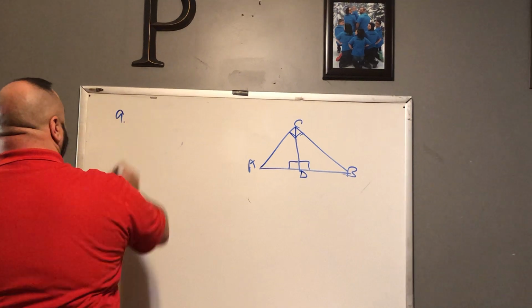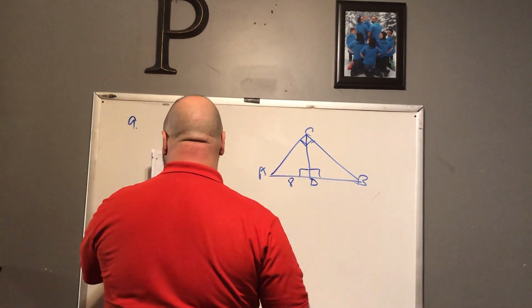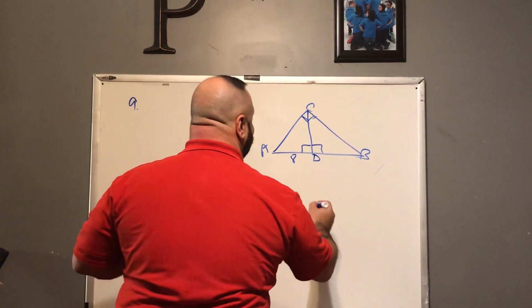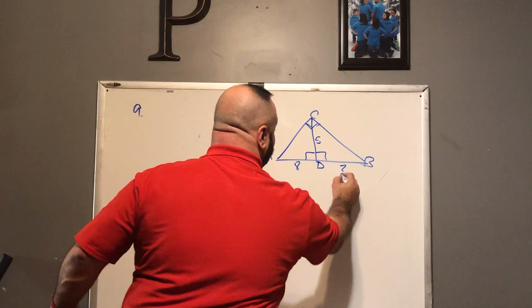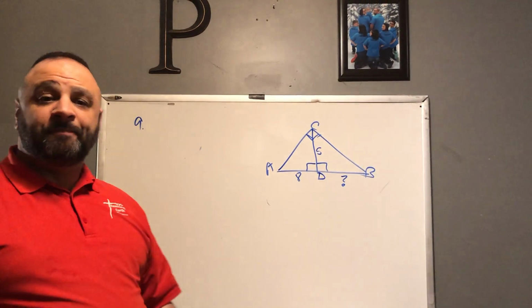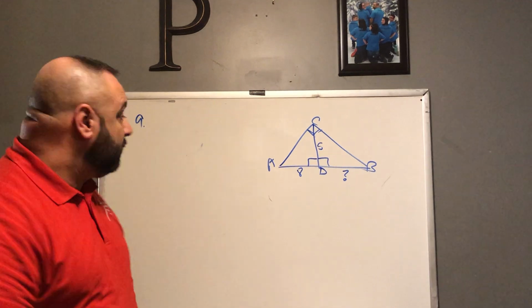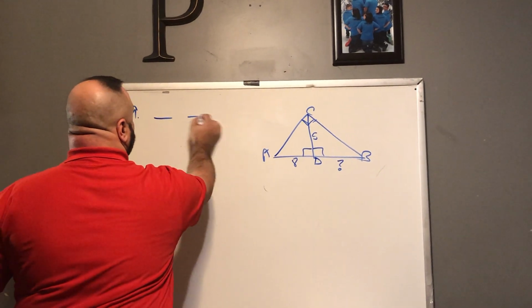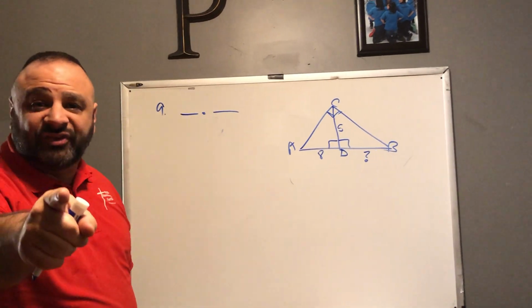So for number 9, everybody, we have: if AD is 8, CD is 5, what is the length of BD? Now, what's the geometric mean? Our second and third terms of our proportion are the geometric mean, which is the altitude.